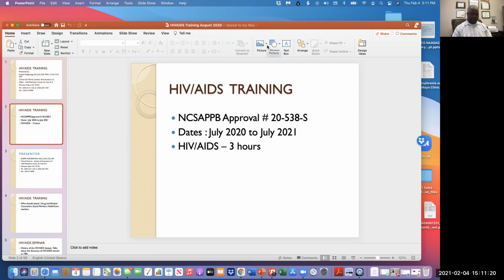It talks about HIV/AIDS, the history of HIV/AIDS, which started in 1981. The definition of HIV/AIDS: HIV means human immunodeficiency virus. AIDS is acquired immune deficiency syndrome.